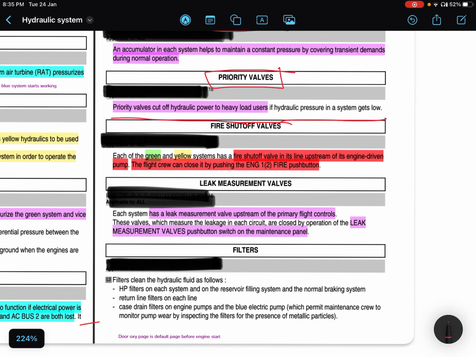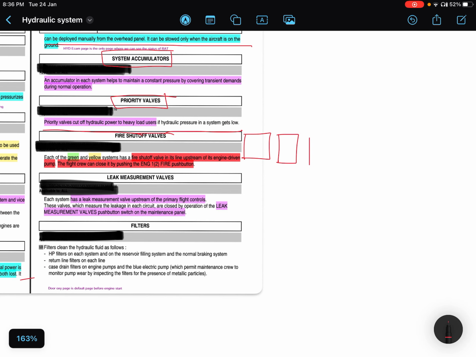Right? What are fire shut off valves? In case of engine fire, and you have pressed the engine fire push button from the overhead panel, there are three fire push buttons on the overhead panel. This one is for APU, this is for engine number 1, and this is for engine number 2.